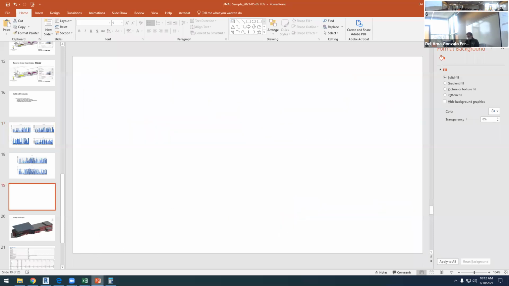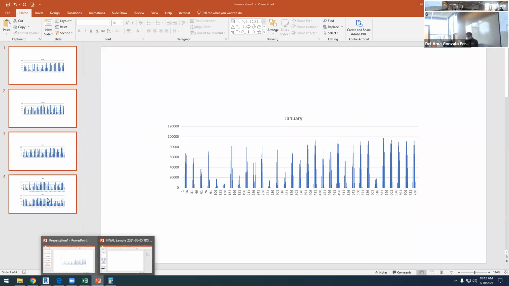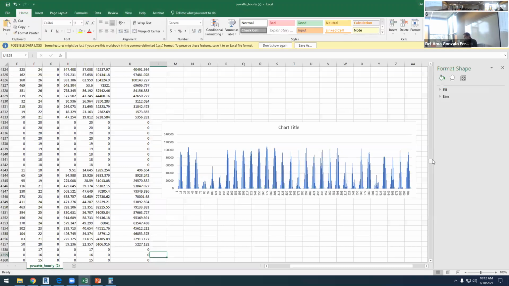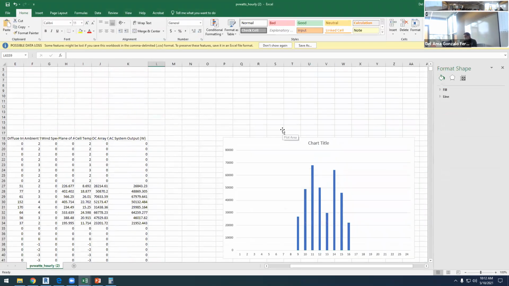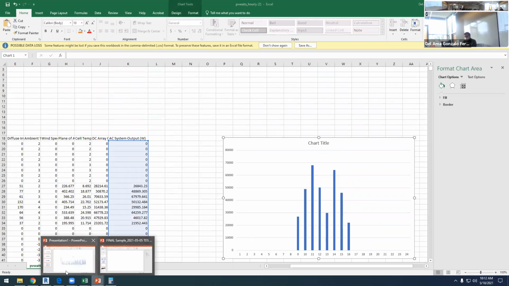We can also include a daily analysis. Okay, so we can include daily analysis on the first day of each month.